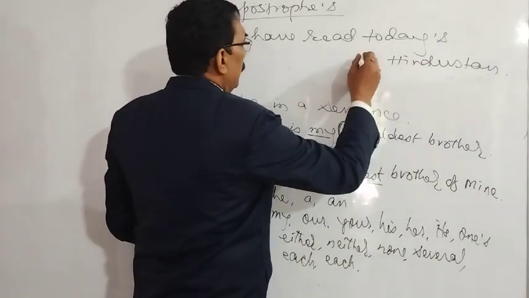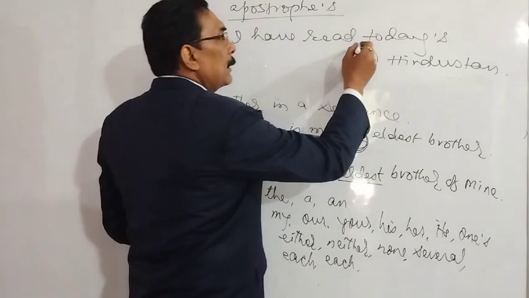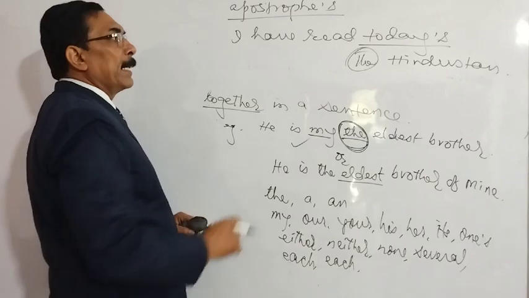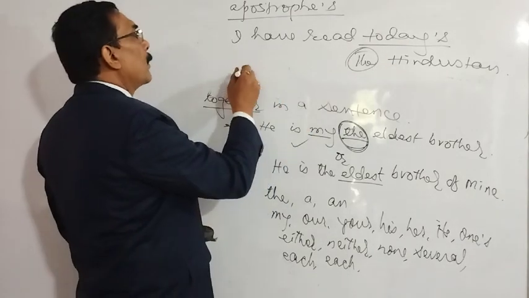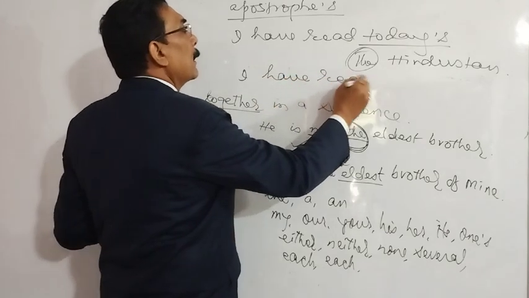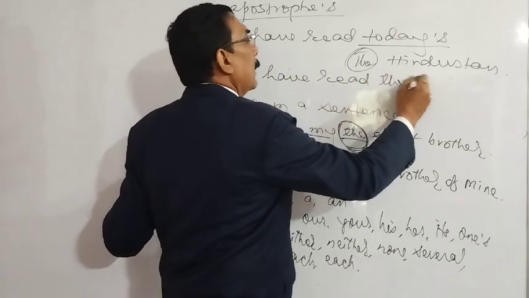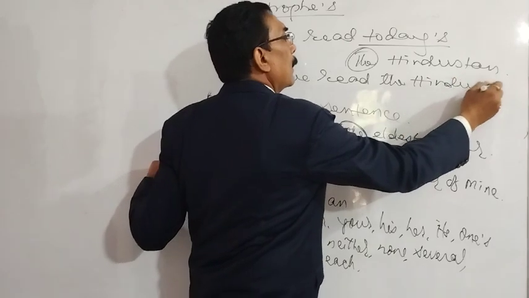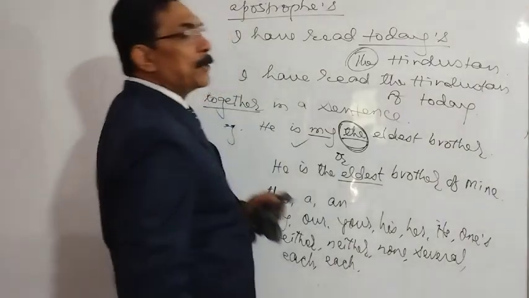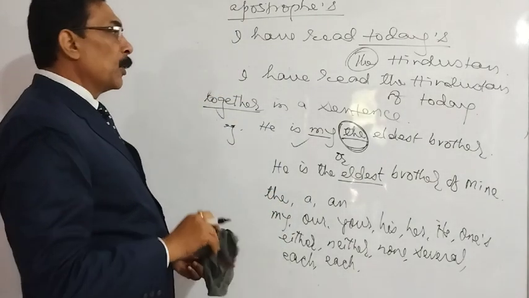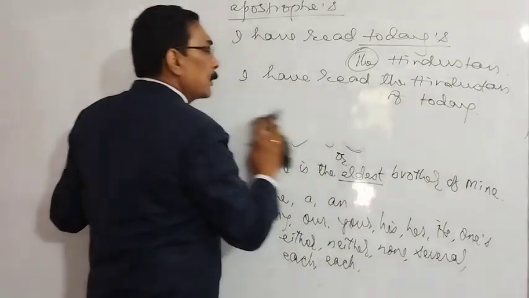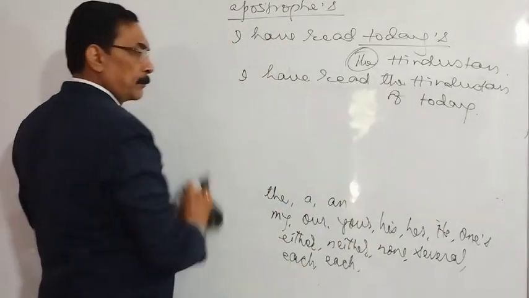If we use the here, the sentence would be wrong, because this is itself a determiner. So I have read today's Hindustan, or the sentence can be written that I have read the Hindustan of today. So it depends on the speaker or writer in what way he or she manages the sentence. So these are some common determiners.